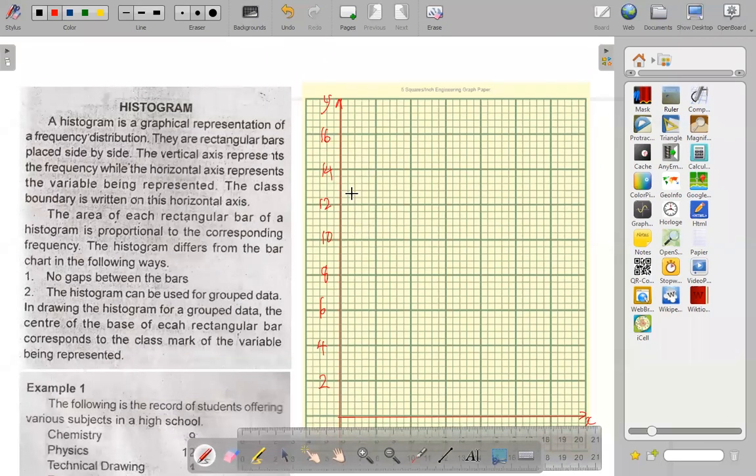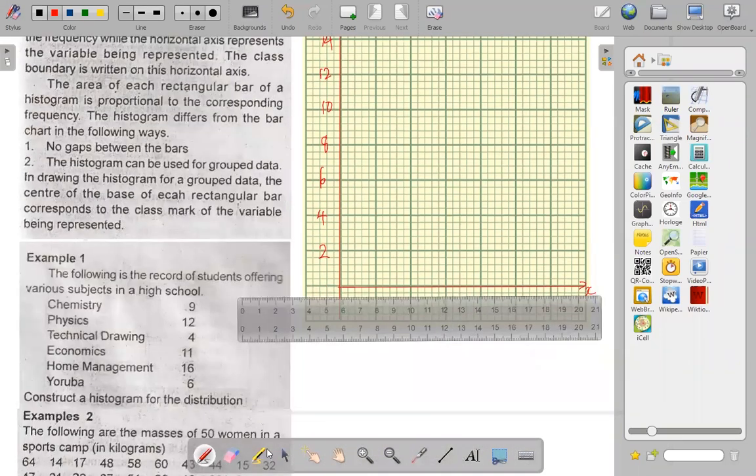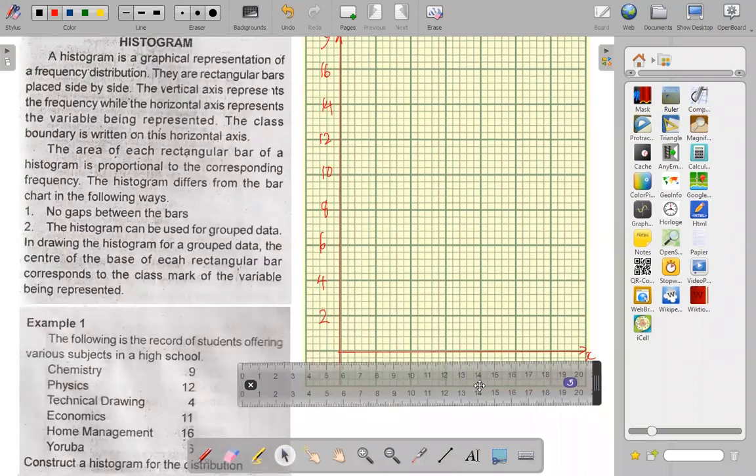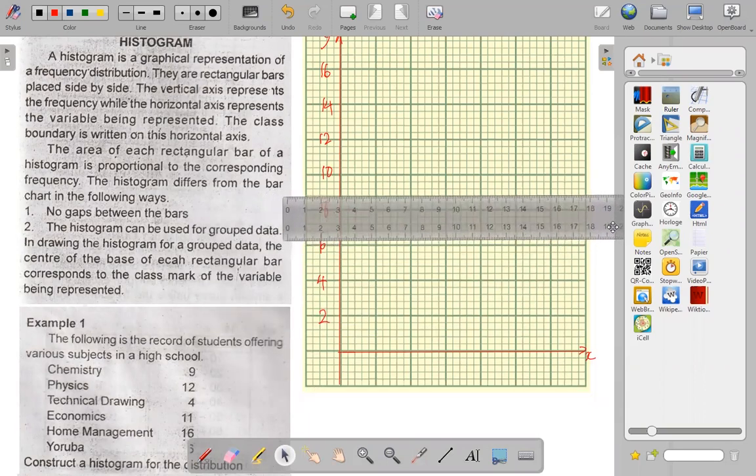Okay, the next thing now is to represent the data on the graph. The first data I have here is chemistry, which is 9. Let's locate 9 on the graph. 9 is right here. Remember, it is histogram we are drawing.